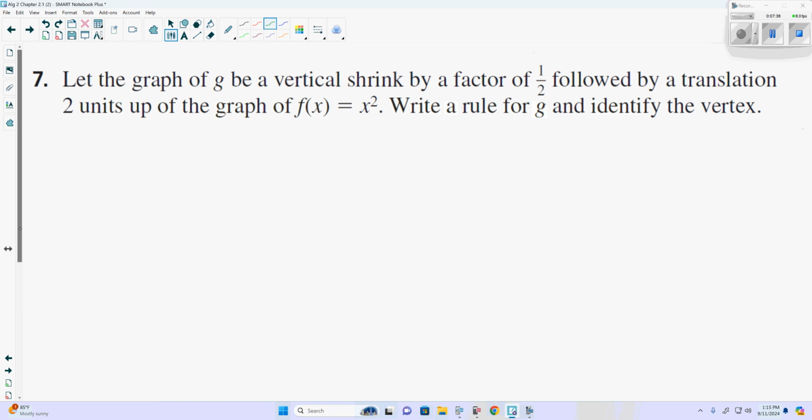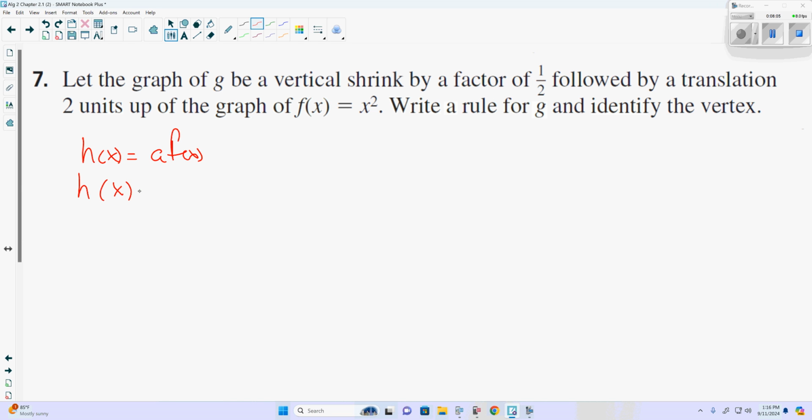Luckily for us here, we only have 2 transformations. Vertical shrink by a factor of 1/2, followed by translation 2 units up. We can start with the vertical shrink by a factor of 1/2. So it's our a times the starting function, a times f of x.